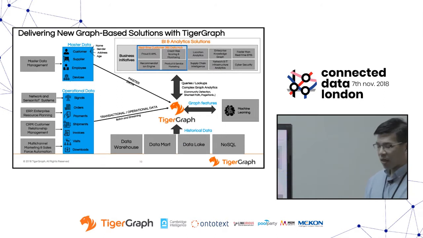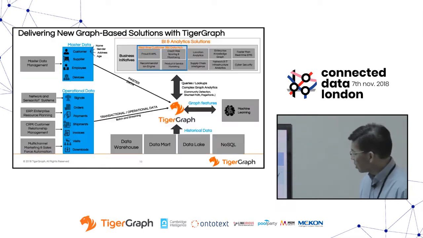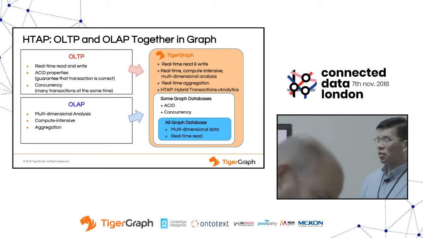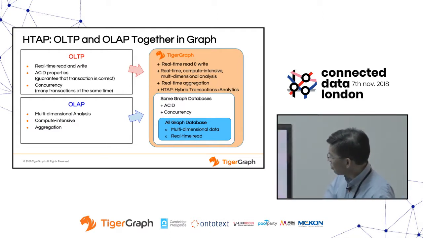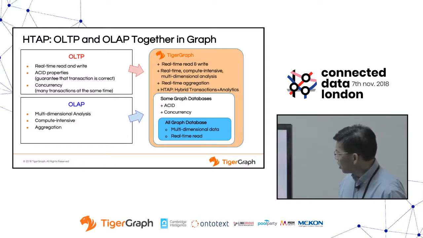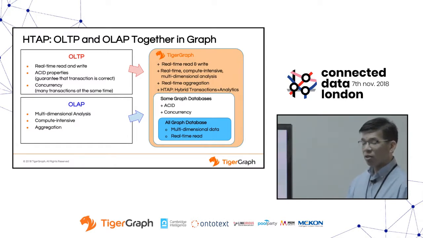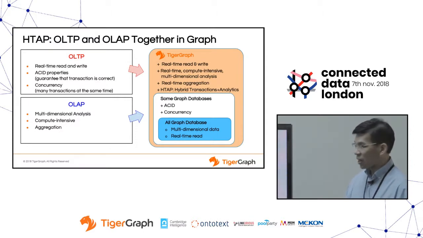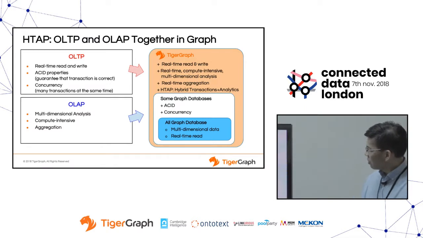And we believe TigerGraph is unique in its ability to offer a full range of real-time read and write, compute-intensive multi-dimensional analytics, and real-time aggregation, and that results in what we think is true HTAP for graph databases.